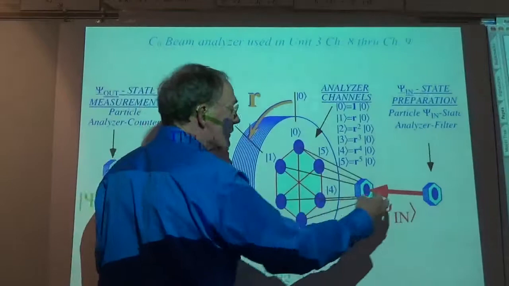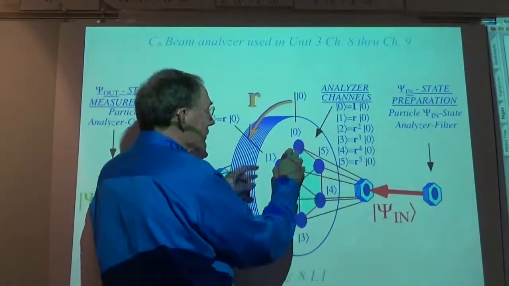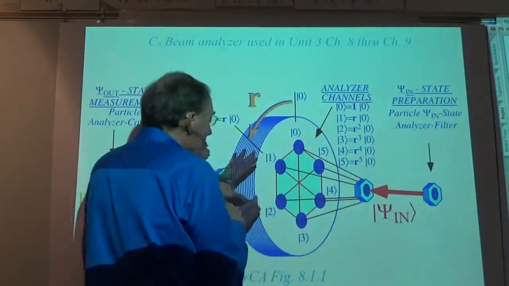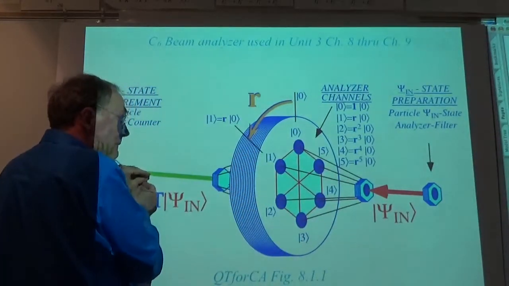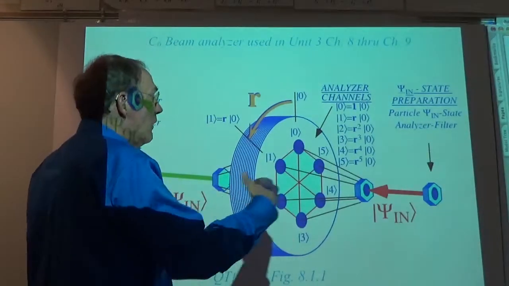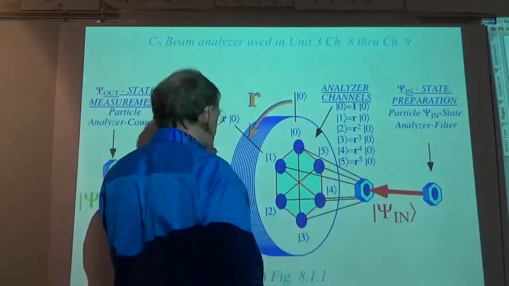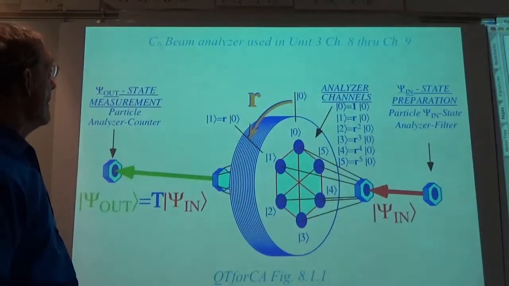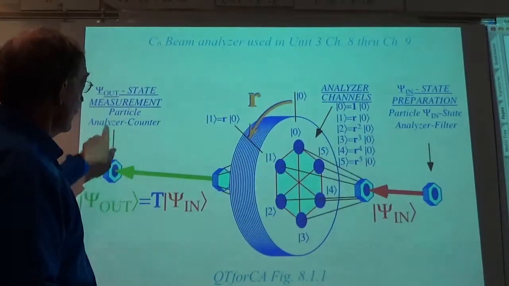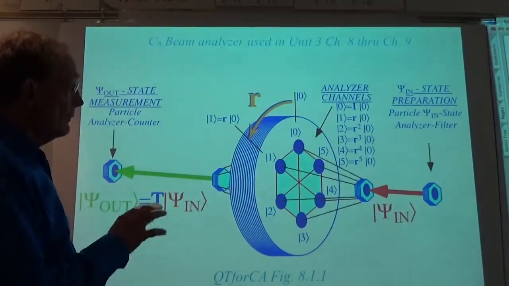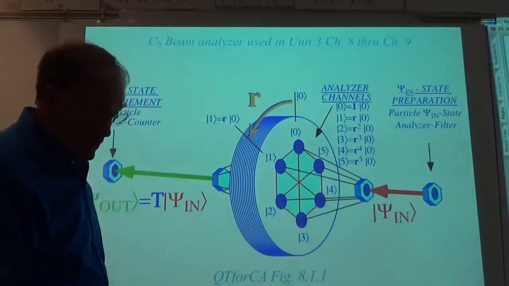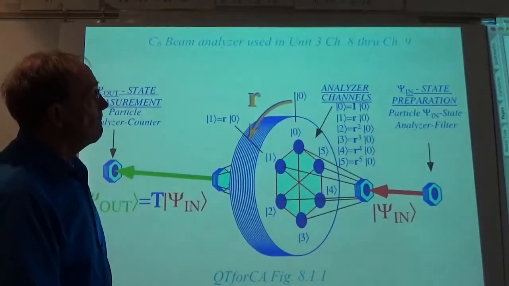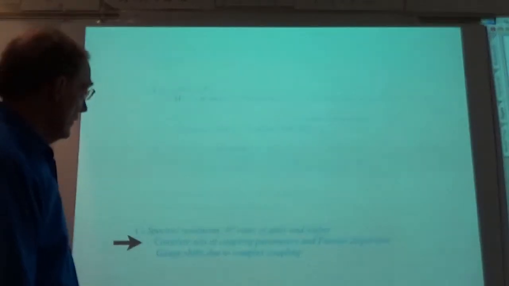And the idea is that the beam will split into 6 things, and then they'll all couple with each other using coefficients like we're talking about, and bring you a new state. So it's the whole idea of splitting and then recombining. That's an analyzer operator. And then there'll be measurement analyzer counters as well, just like we had with polarization. So this is a good way, I think, to think about the beginnings of quantum mechanics in any case.